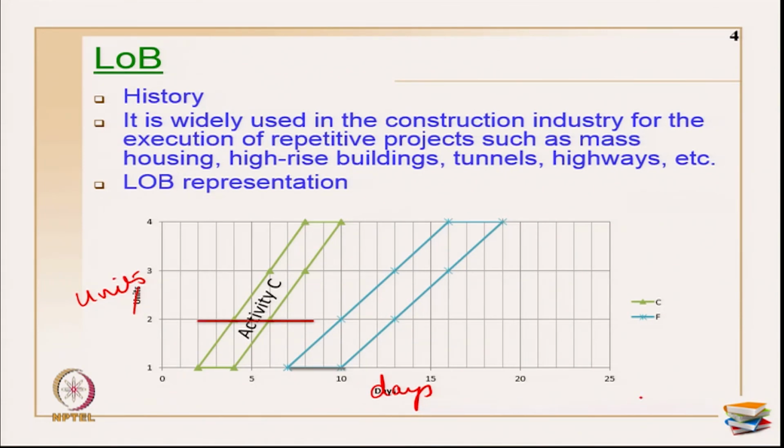I have just shown two activities here: activity C and activity F. How do I represent this? Primarily this is the early start of the segments and this is the finish of the segments. I am starting my activity C at day 2 and finishing it on day 4 for unit number 1, which implies that for the first execution I am doing this.